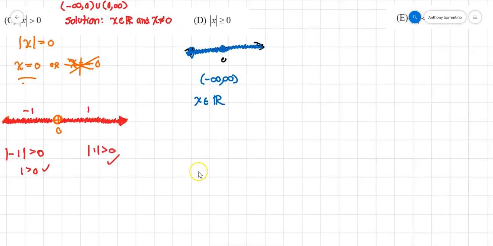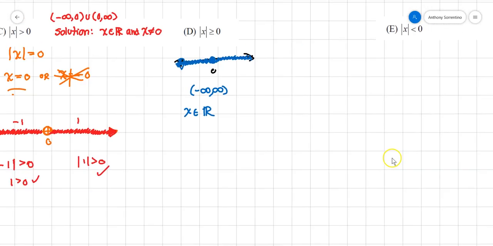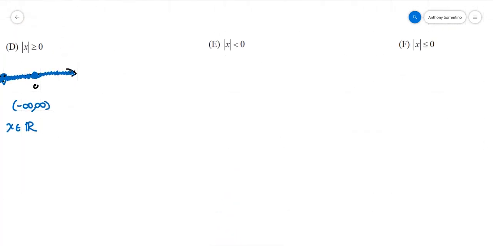When I get to less than, still the same equation is being solved. I still have the equation absolute value of x equals 0 being solved, so x equals 0 is going to be the solution to that. So for this one here, I have x being 0. I don't want x to actually equal 0, so this would be an open dot. And if I pick representatives from here, here's -1, here's 1.